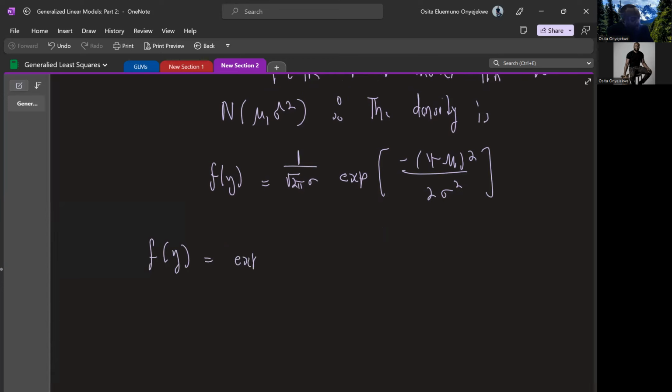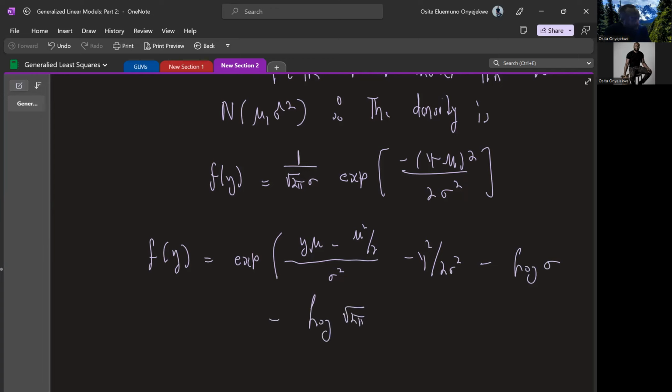And that we have f of y is equal to the exponential of y mu minus mu squared over 2, all divided by sigma squared, minus y squared divided by 2 sigma squared, minus the log of sigma, minus the log of root 2 pi.